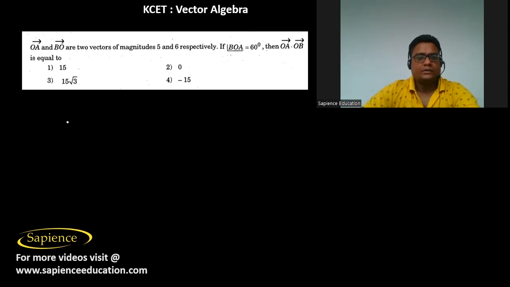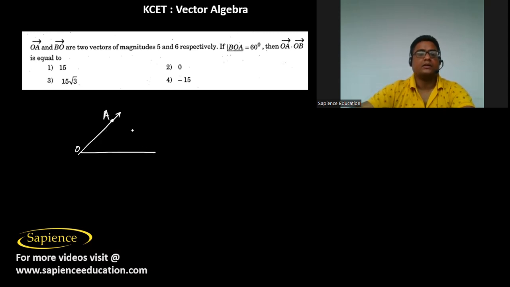Then here it is told OA and OB. I can say O is the origin, A and B are the endpoints of the two vectors.